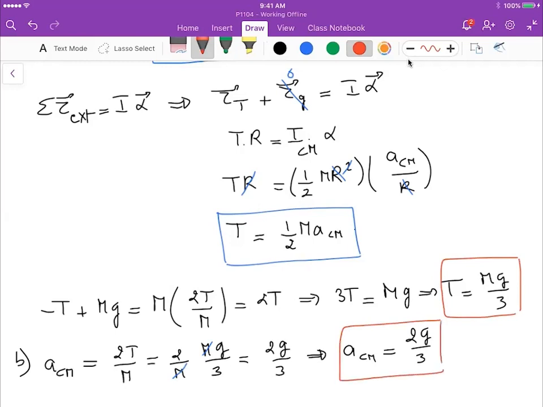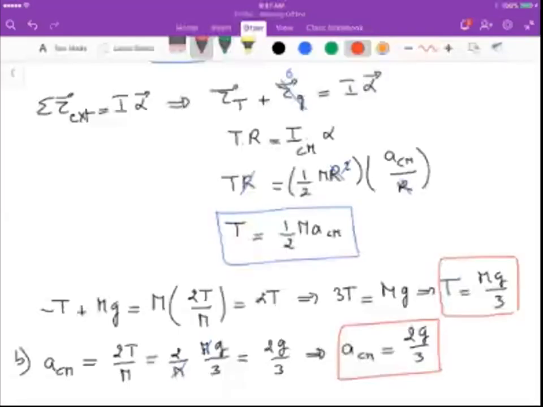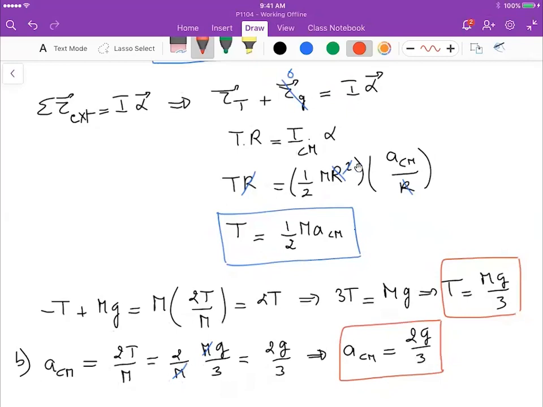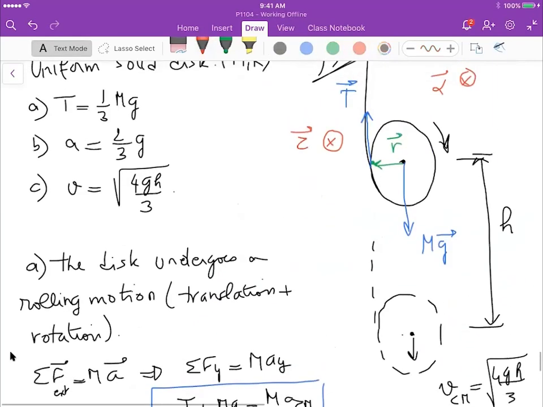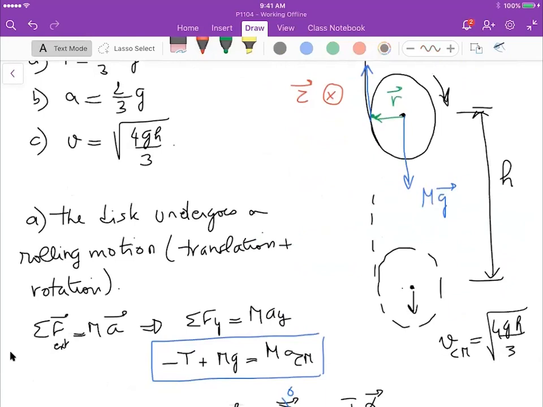In part C, we were requested to show that the speed of the center of mass of this disk is given by square root of 4gh over 3 after the disk has descended through a distance h. So we have to show that the speed of the center of mass at this position down here, after the disk has descended a distance h, is equal to square root of 4gh over 3.